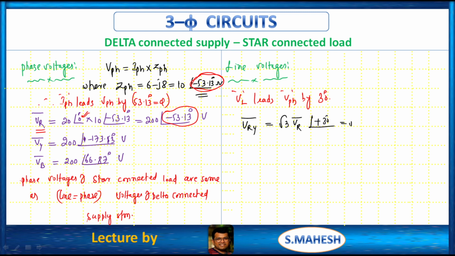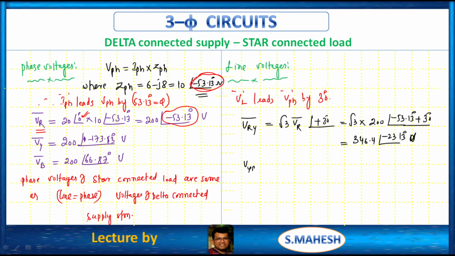What is VR? 200 at an angle minus 53.13, plus 30, which is equal to 346.4 at an angle minus 23.13 volts.